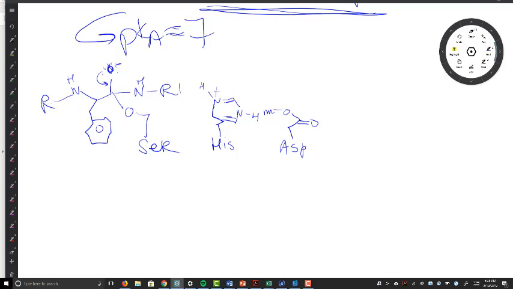Okay, so let's say we were to break this bond. That means we would have a negative charge on that carbon. Does that look like it's a good thing? No, it's not going to happen. So that leaves us with the bond breaking being on the nitrogen.